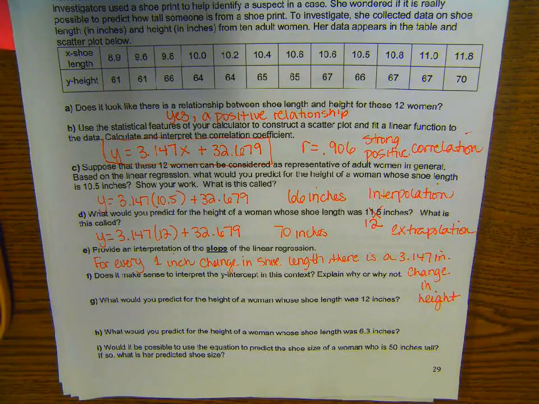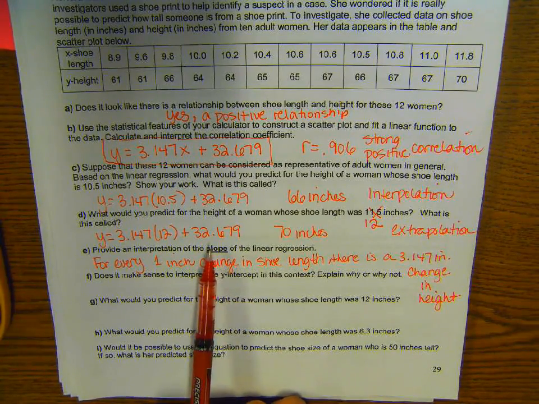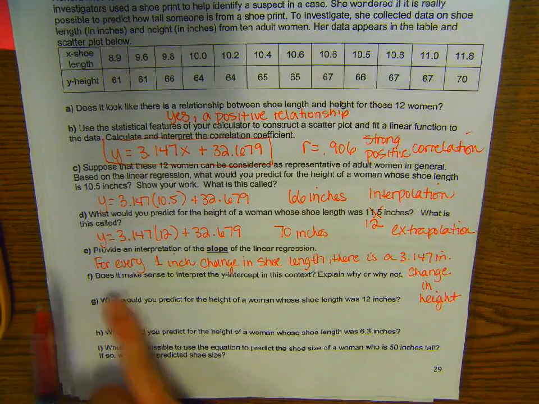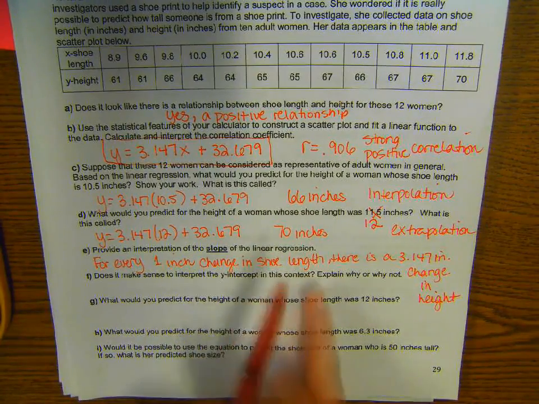Okay. F, does it make sense to interpret the y-intercept in this context? So the y-intercept was 32.679. Can somebody tell me what that would stand for? That would stand for a height when the shoe length was what? 0. Does that make any sense? No. So does it make sense to interpret the y-intercept?